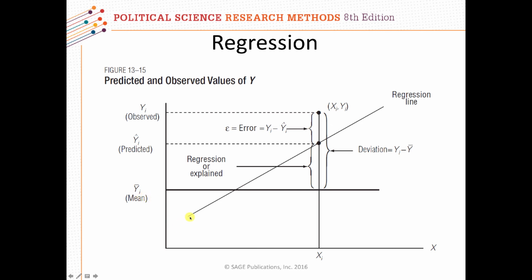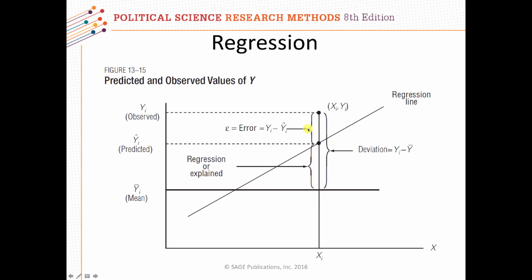As this line goes down, this is your y-intercept, I should say. What we're trying to do is create a line, this line here, that, imagine there are lots and lots of data points all throughout here. We're trying to create a line that goes through this cloud of data, creating the smallest amount of error between the observed and expected, or predicted, values.